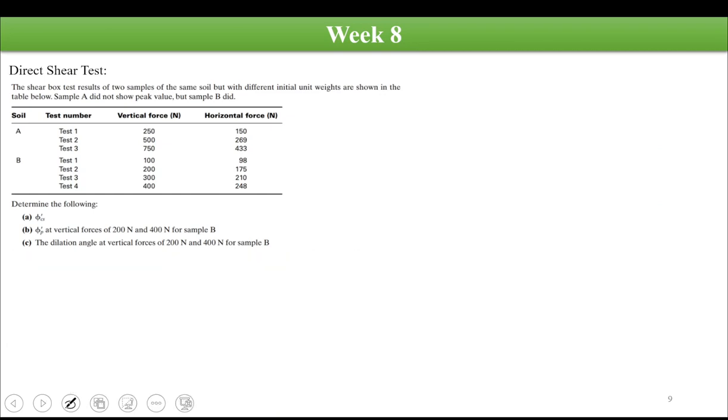And this problem says that the shear box test results from two samples of the same soil, but with different initial unit weights, are shown in the table below. Sample A did not show a peak value. As we can see here, the vertical force is increasing to 750, and the horizontal force is increasing only 150, 269, 433.